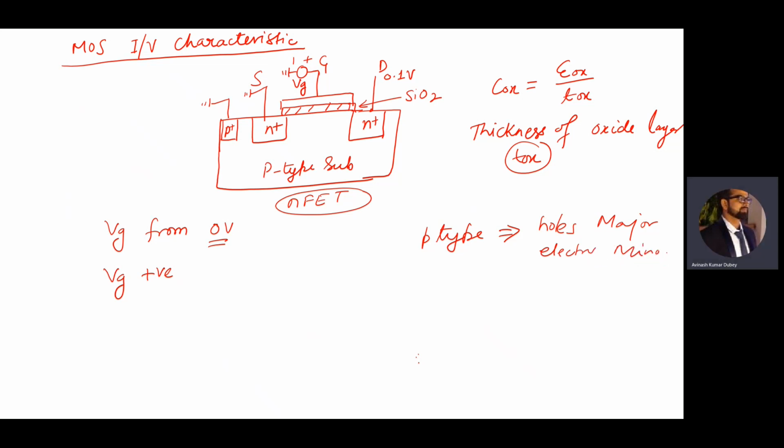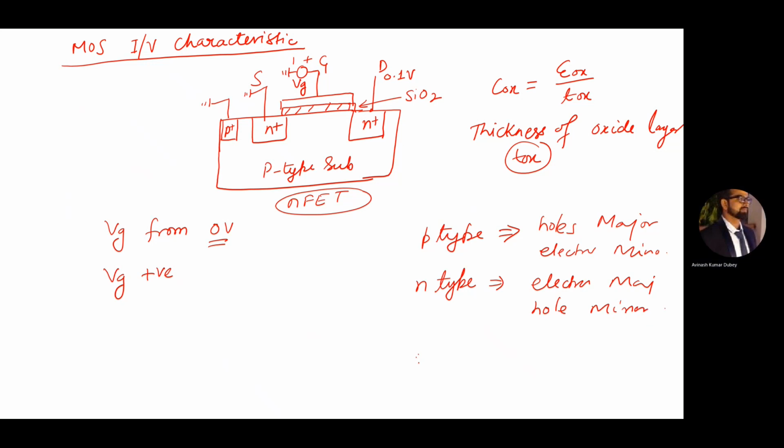Similarly, in an n-type semiconductor, electrons are the majority carriers and holes are the minority carriers. So here the p-type substrate has holes as the majority carrier.